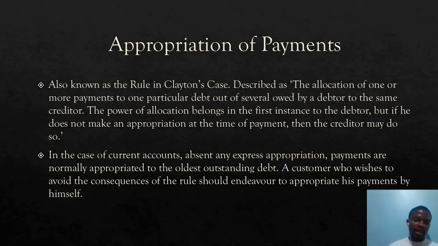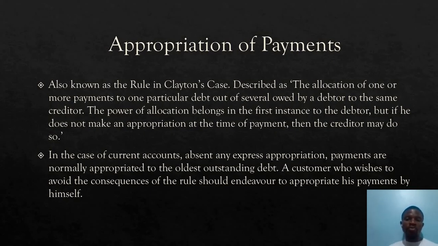That is to say, if you had a current account and you have taken several facilities on that current account, facilities now refer to credit facilities. If the bank has given you either a loan or a revolving credit or an overdraft, these are three things you can take from a bank: a loan, an overdraft, a revolving credit. And you've taken several of it on top of a particular account. The law is that payments are appropriated to the oldest debt.